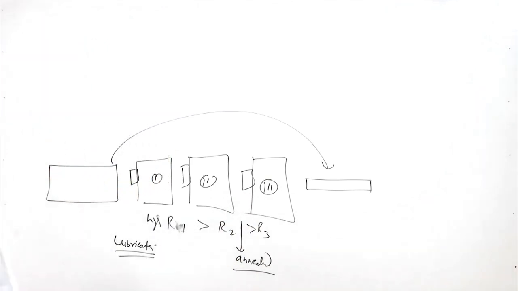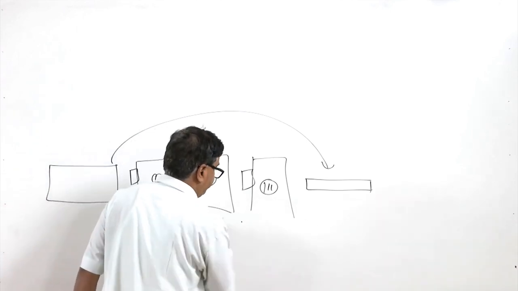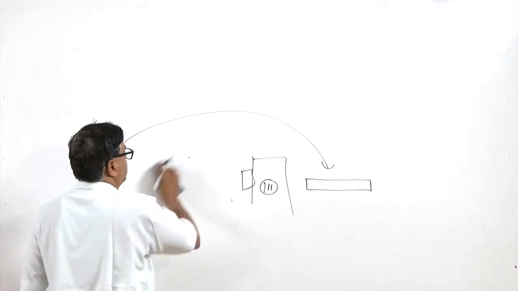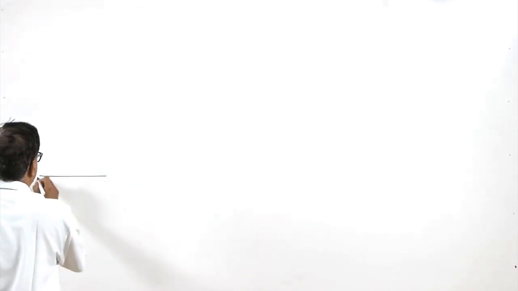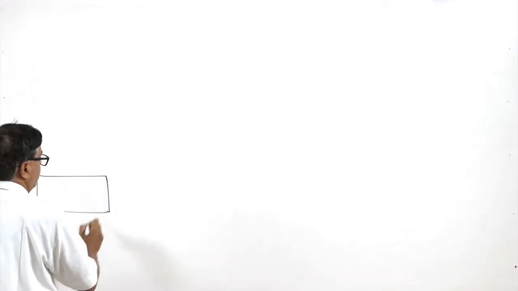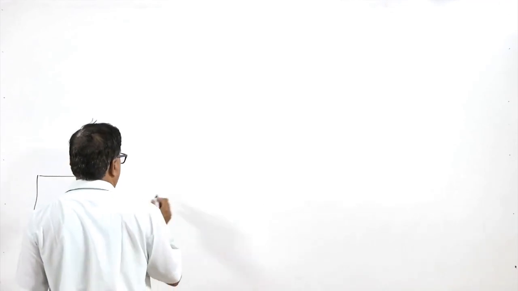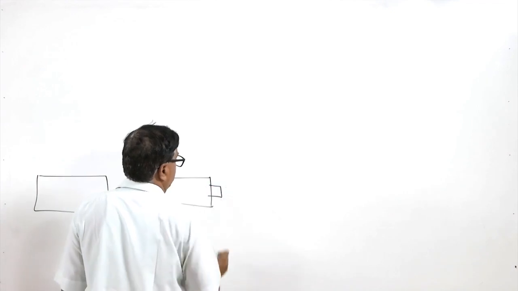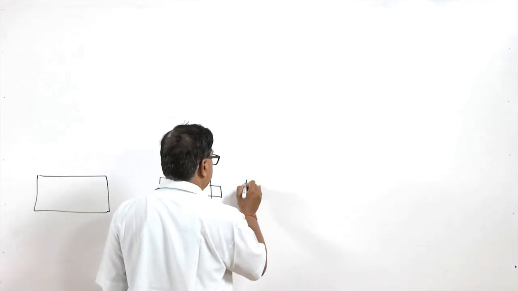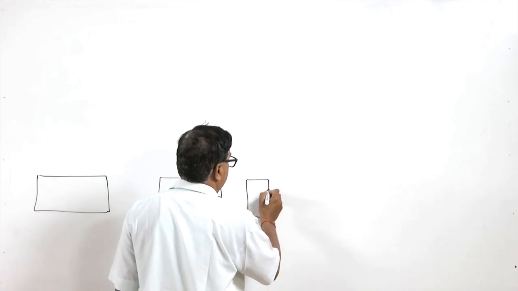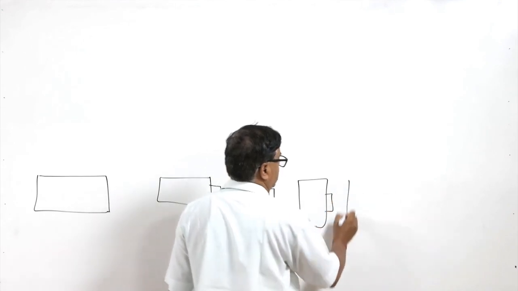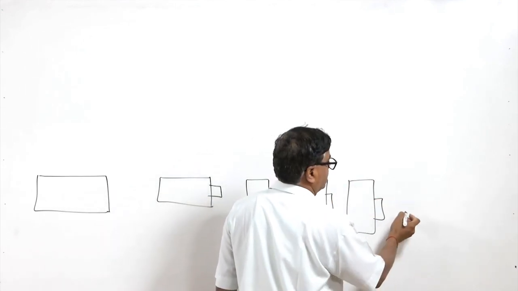Now I'll draw a schematic to show how the drawing is carried out. Here is the mechanical arrangement which will be used for pulling the carriage. The carriage holds the wire which is being drawn, and then here we will have the die. This is the lubrication arrangement, another die, another lubrication arrangement, another die, another lubrication arrangement, like this.